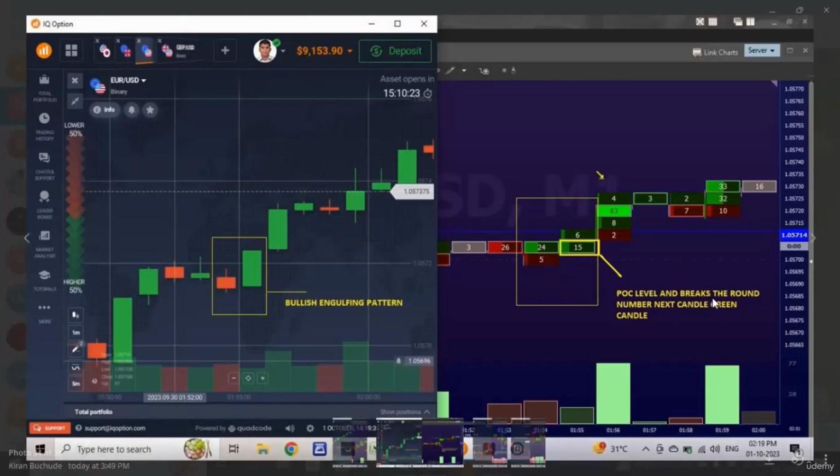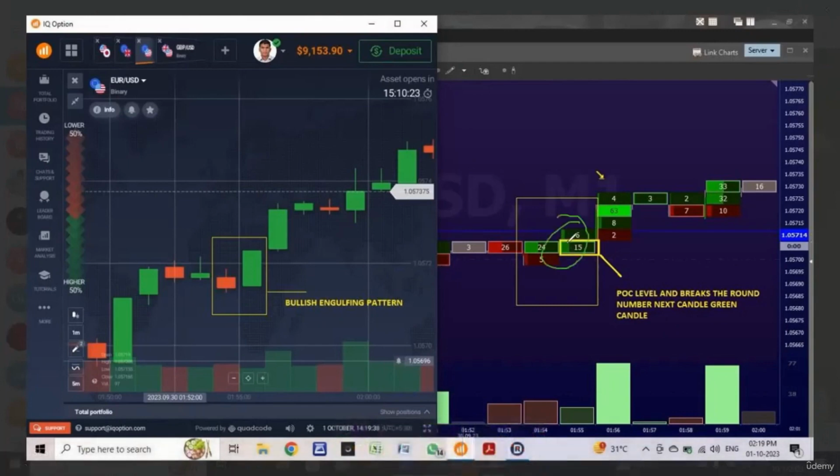The POC level broke at the round number in the next candle. So a round number level breakout happened, but where is the volume high? It's not perfectly visible here. I think it is here at this area. Breakout above or below? Below breakout. Okay.